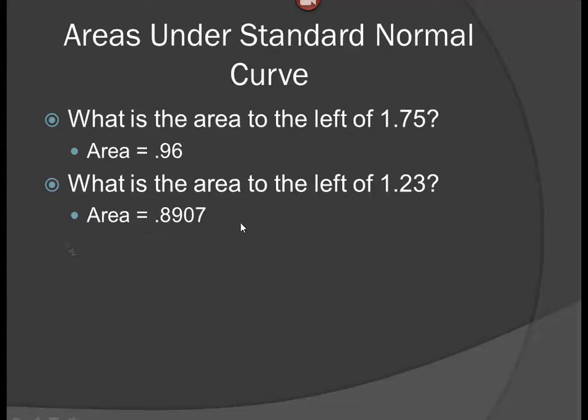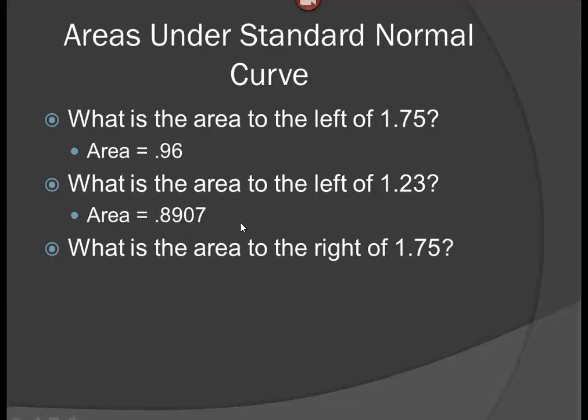Now we're going to talk about the right. We found the left of positive 1.75. What would be the area to its right? Now this is tricky because our chart only gives us areas to the left. However, because we know that the total area of the curve is 1, if I take the area that I found up here and subtract it from 1, I actually find the area to its right.